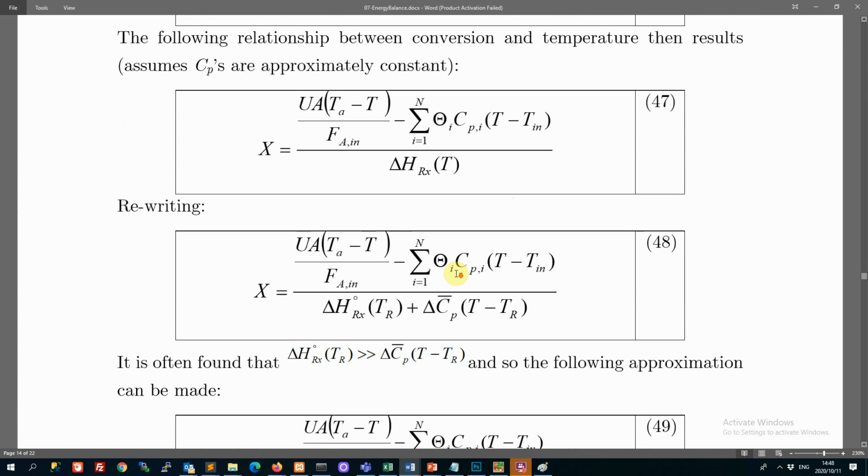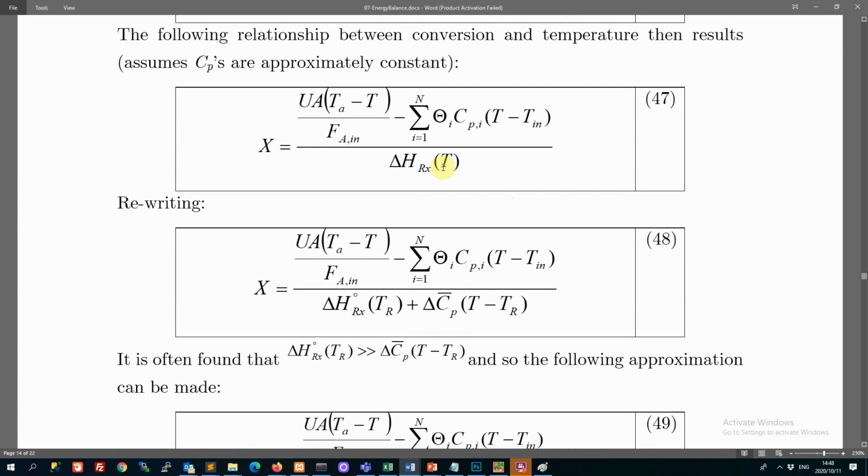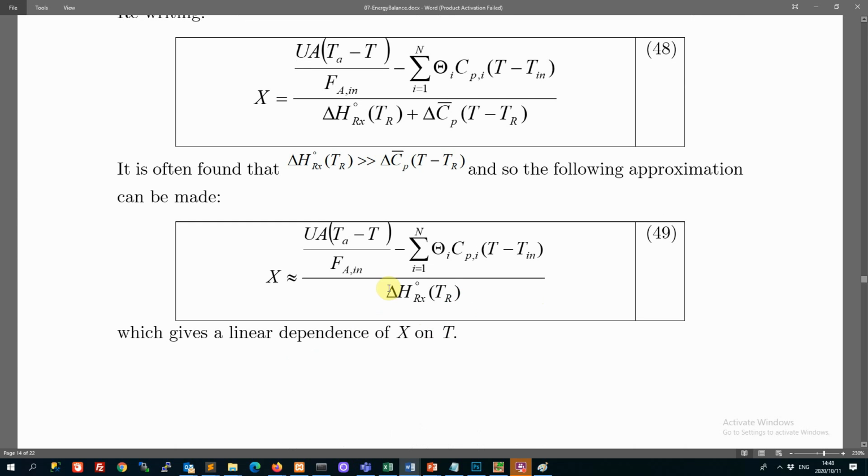Quite often also, our heat of reaction, strictly speaking, we need to expand that into a reference value and a difference value. But normally this term is much larger than this term. So we often just chop this term out as well. So if that is much greater than that, we can also approximately say this.